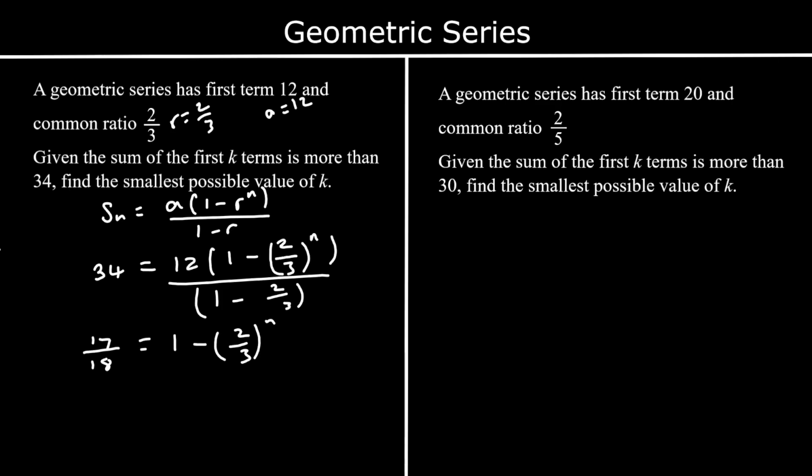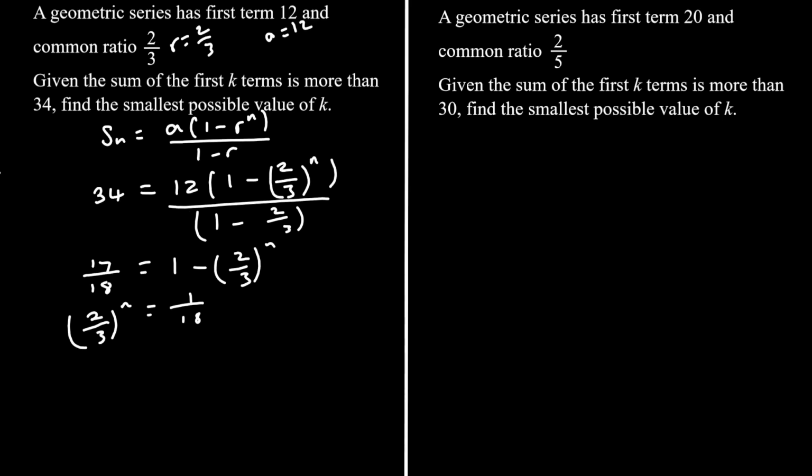Let's take away 1 from both sides, or bring the 2/3 to the power of n over. So 2/3 to the power of n is 1/18. 1 take away 17/18 is 1/18. And then we will log both sides.